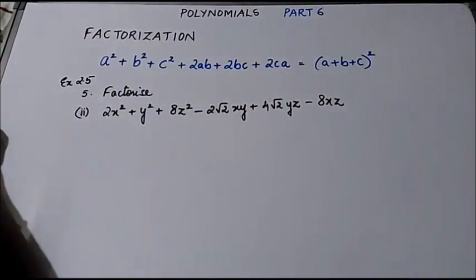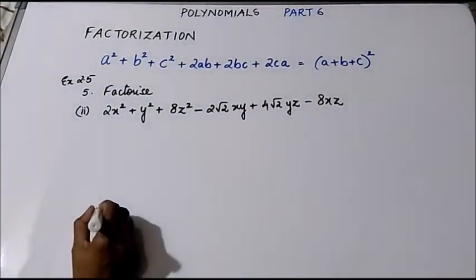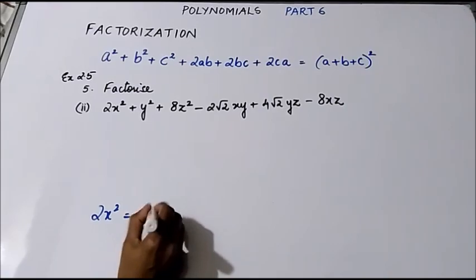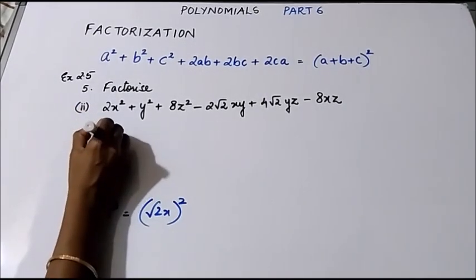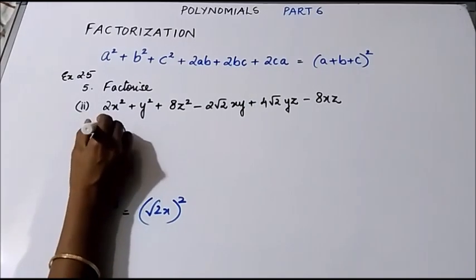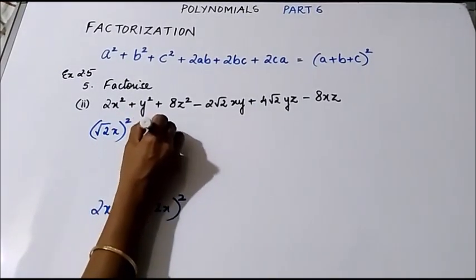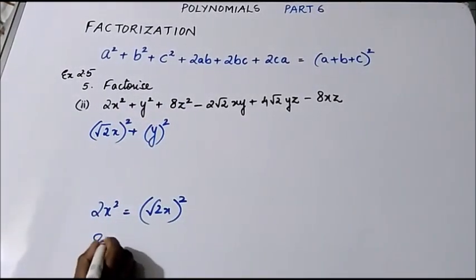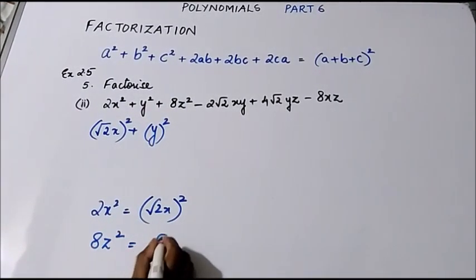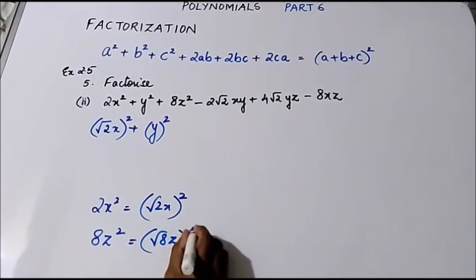Okay, now how will we do this? 2x square can be written as root 2x the whole square. So here you will get root 2x the whole square. This will be y the whole square. Now 8z square can be written as root 8 into z the whole square.